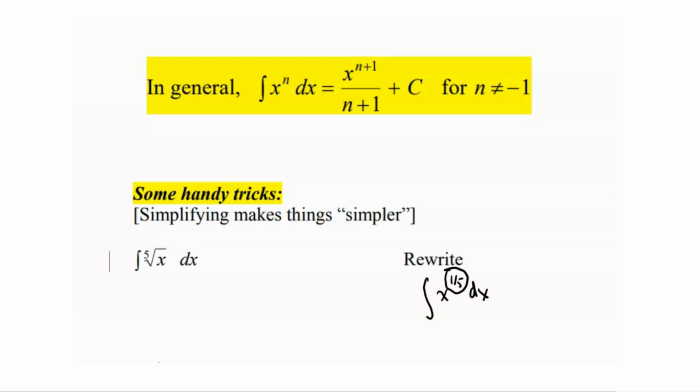Now if we add 1 to that, that would be x to the 6/5 divided by 6/5. So the answer would be, if we multiply by the reciprocal, 5/6 x to the 6/5 plus C.